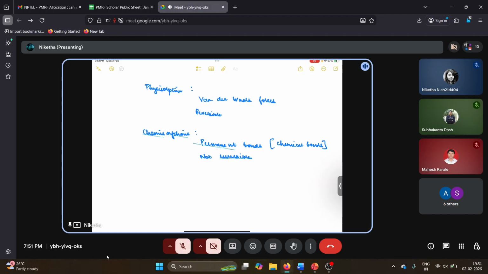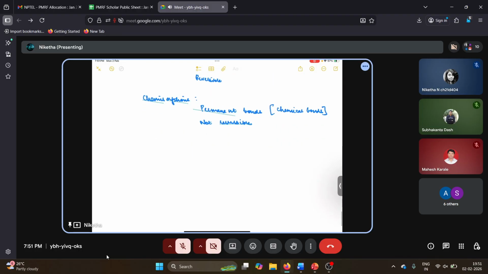It's not possible to recover it or remove the substance from the adsorbent. The main driving factor of adsorption is the surface energy. The surface energy is what decides whether the substance will get adsorbed or not.